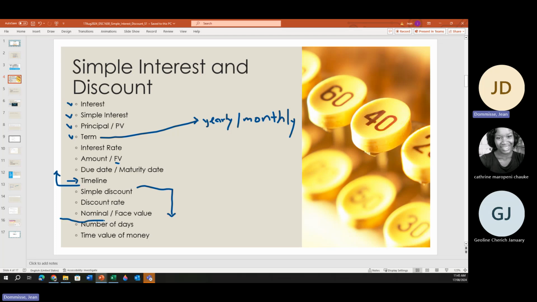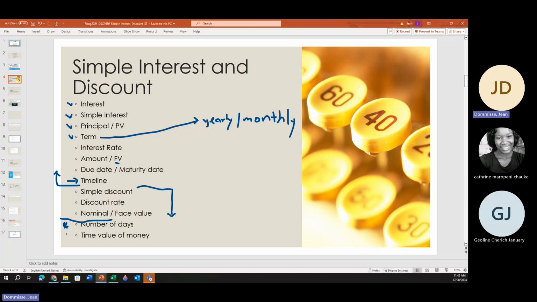And then the last thing that is important nearly is the number of days. In your study guide, at the back, there are a few appendixes, and one of them is counting days.